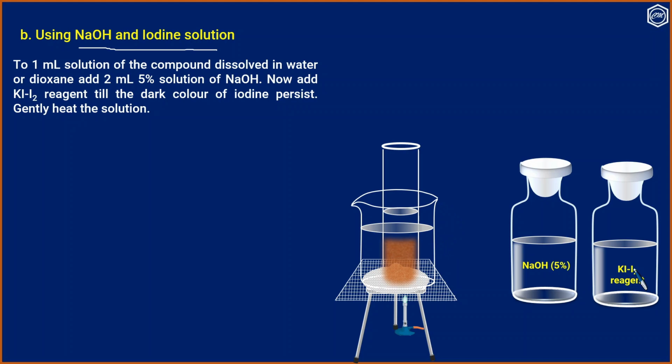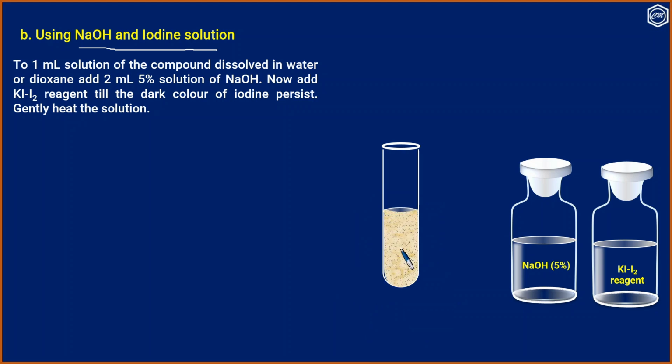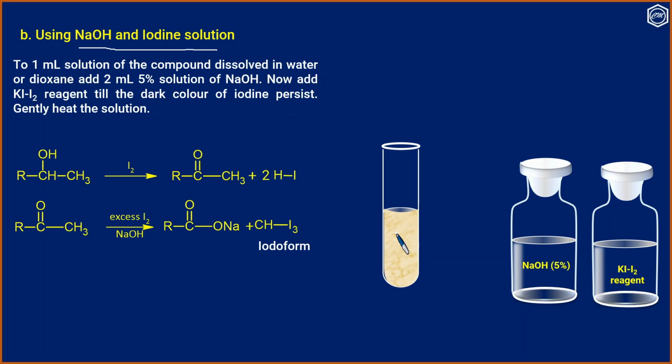We add enough potassium iodide iodine reagent till the brown color of iodine persists. Removing from the water bath, cool it, and the crystals of iodoform separate.